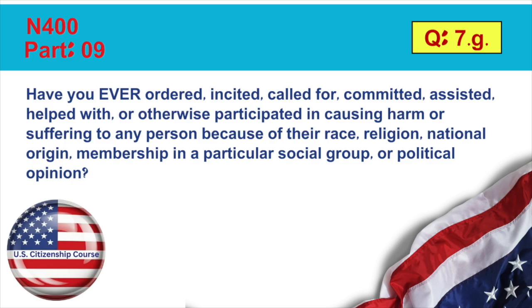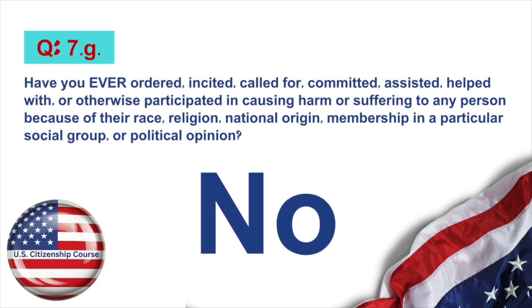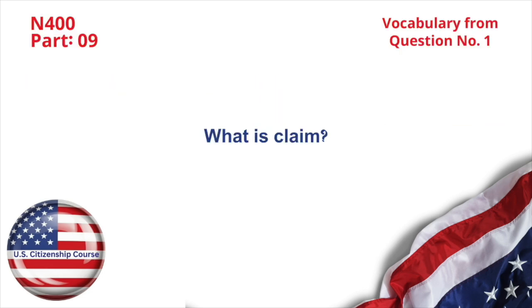Have you ever ordered, incited, called for, committed, assisted, helped with, or otherwise participated in causing harm or suffering to any person because of their race, religion, national origin, membership in a particular social group, or political opinion? No. What is claim?